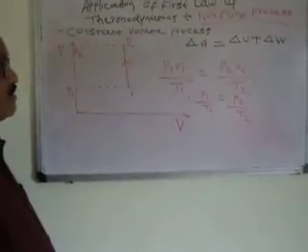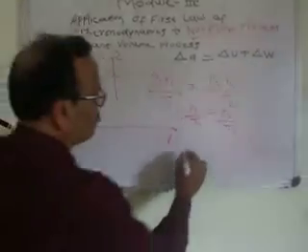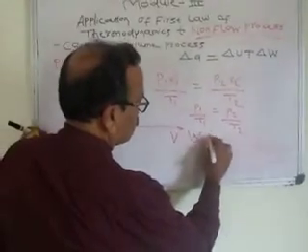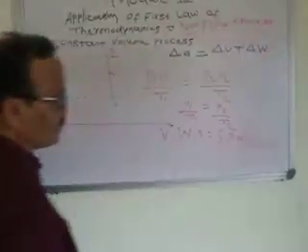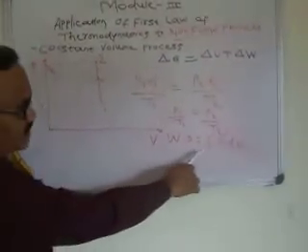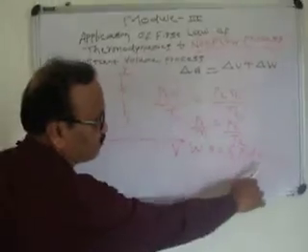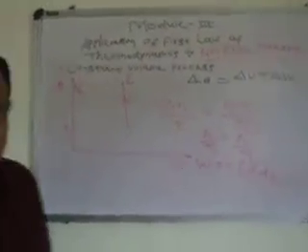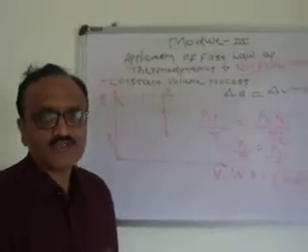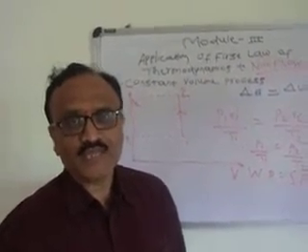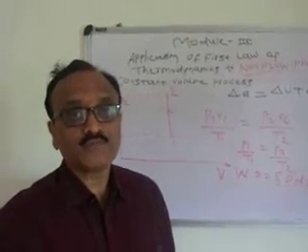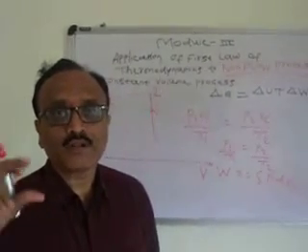Work done is given by the formula: work done is equal to integration of P dV. Here volume is constant, which means there is no change in volume throughout the process. And as we know, the area below the curve represents the work done for a particular process.